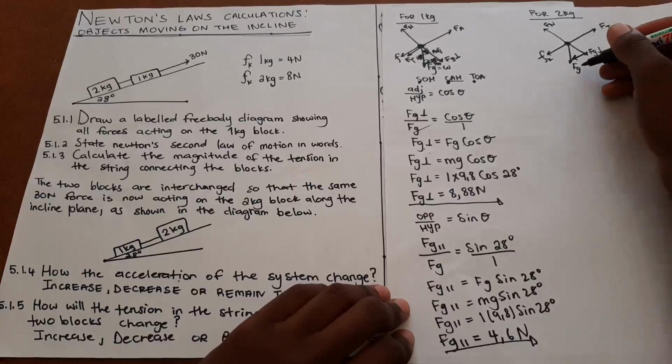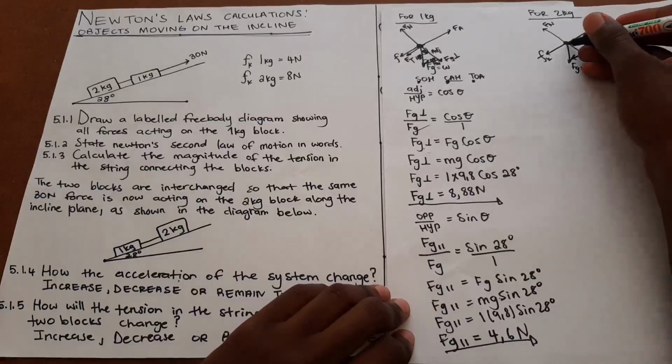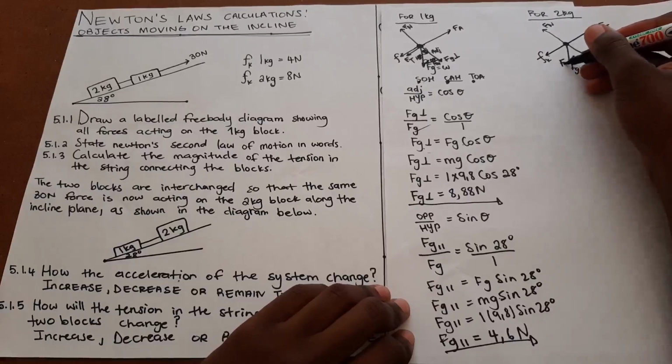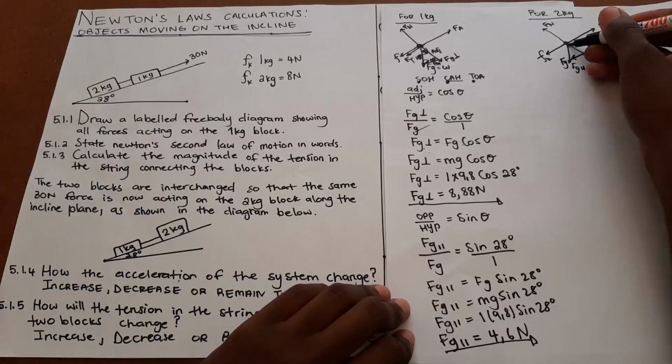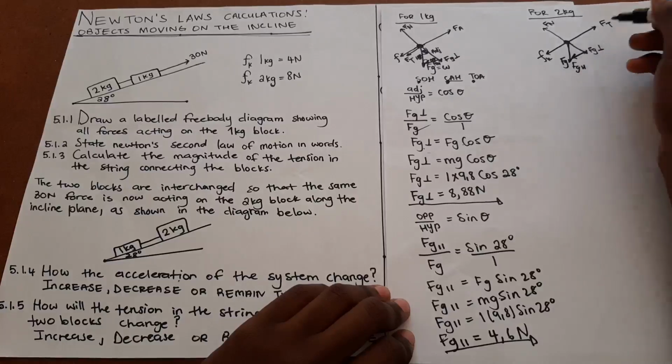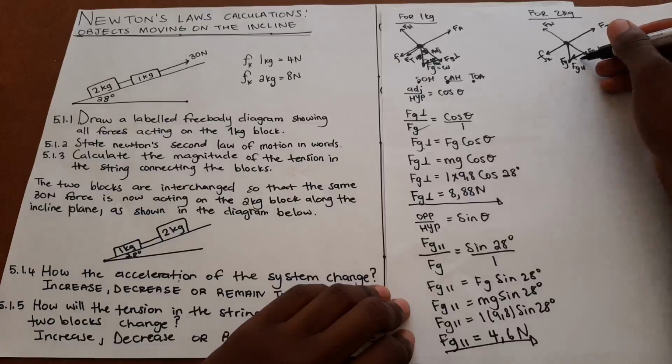So this becomes our FG parallel. This is our original gravitational force, and these are our components forming a triangle with this gravitational force. The side of FG parallel becomes our opposite side. This side becomes our adjacent side, obviously, because we have theta here.